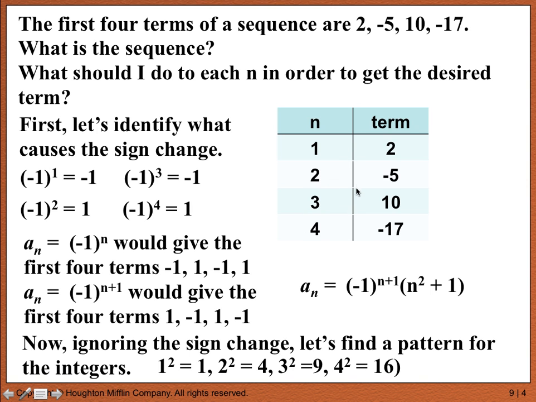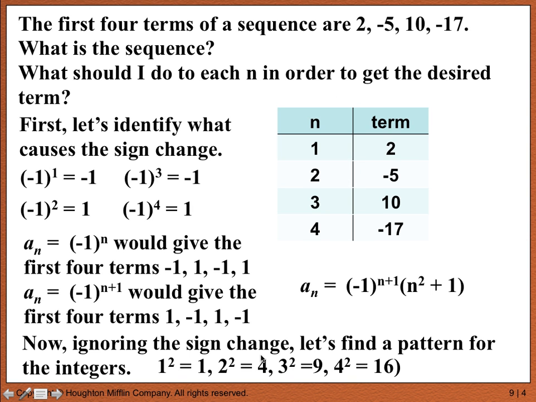Again, remember, I'm ignoring the sign change for now because I've already taken care of it. Since we're doing this in 2 phases, right now I only want to account for the pattern of 2, 5, 10, 17. Multiplying isn't going to work. Adding is not going to work. Then we can try squaring.